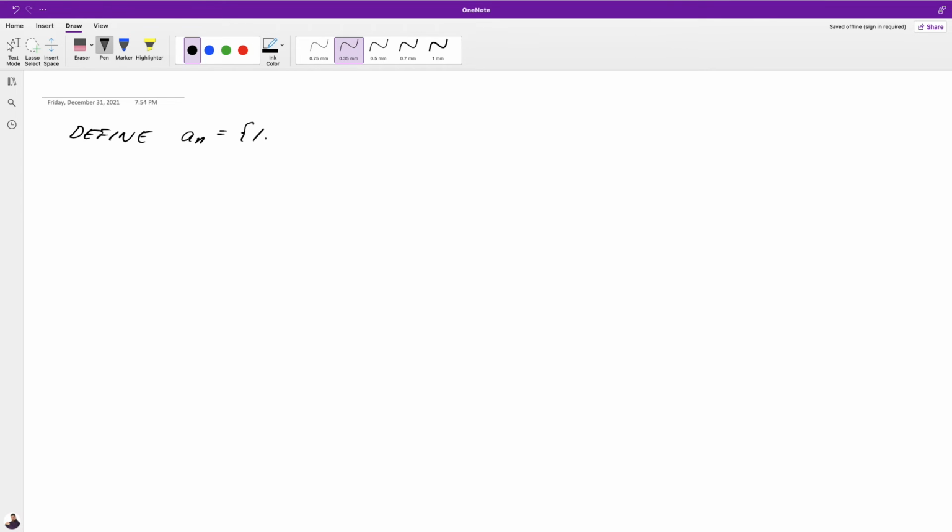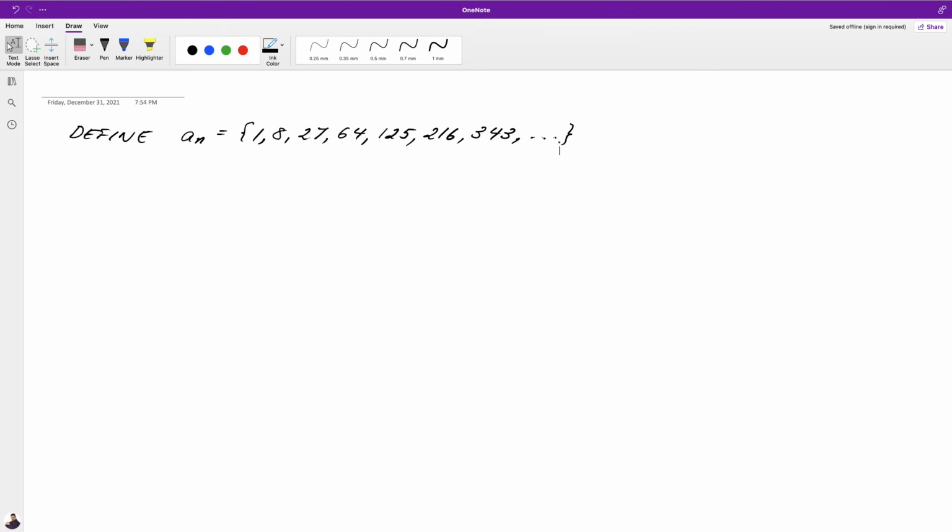So we have 1 cubed, 2 cubed, 3 cubed, 4 cubed, and so on and so forth. I think we can maybe stop there and indicate that that's going to be repeating infinitely.